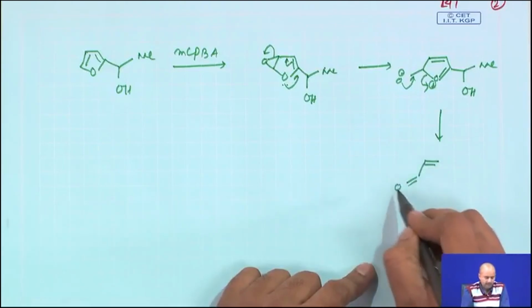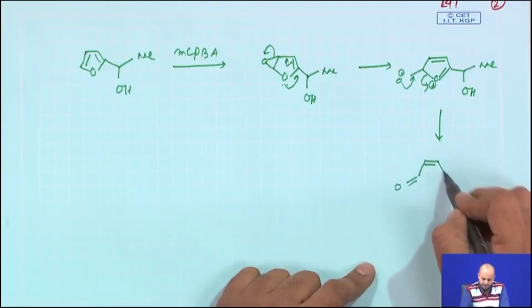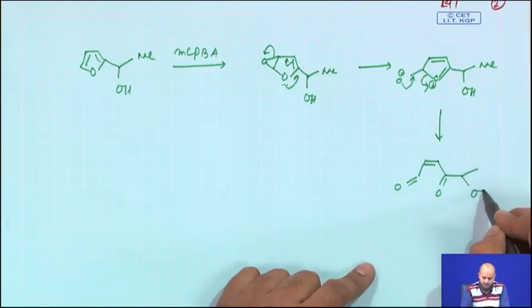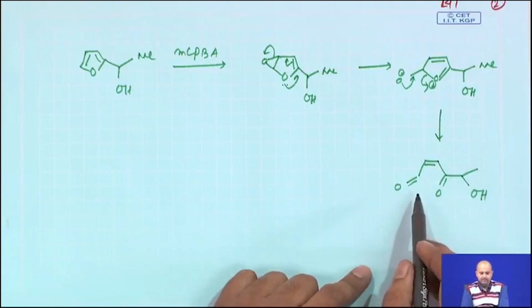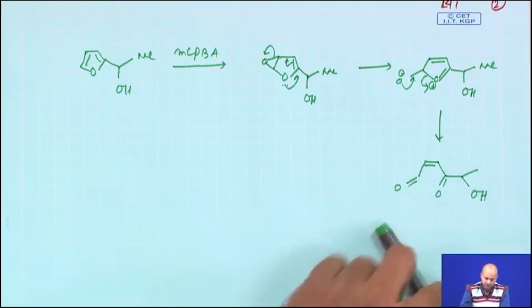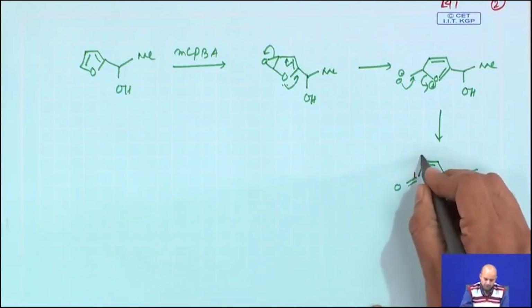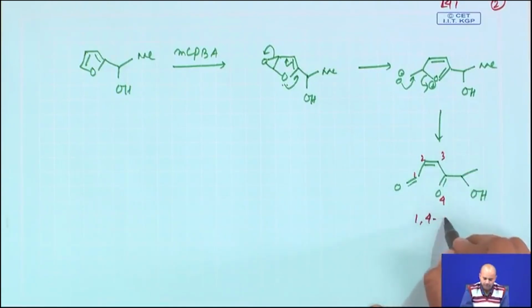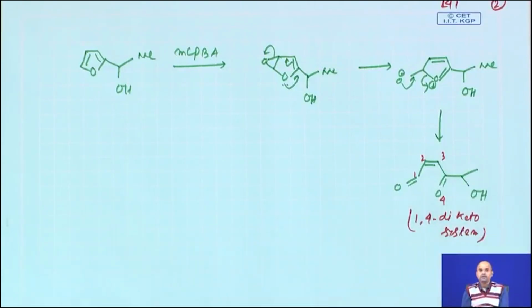So, basically you will have an aldehyde here and here you get the corresponding ketone. So, basically now the furan ring is opening to a 1,4 dicarbonyl system, 1,4 diketo system, and this was basically a very characteristic reaction of the furan carbinol system or furyl carbinol system.